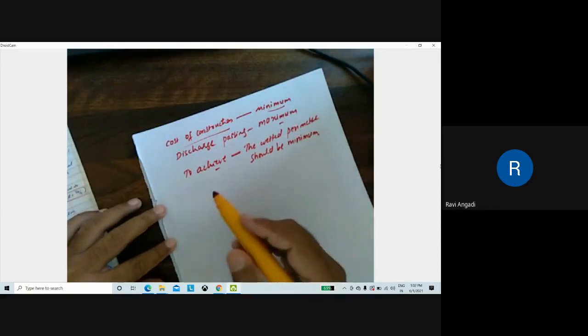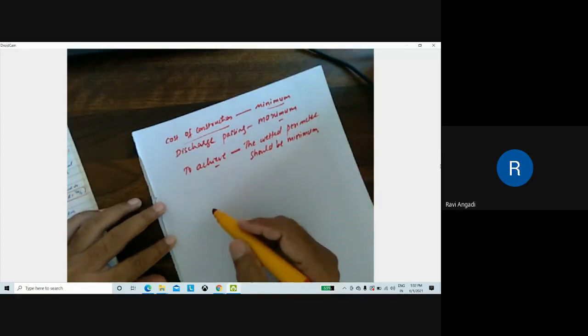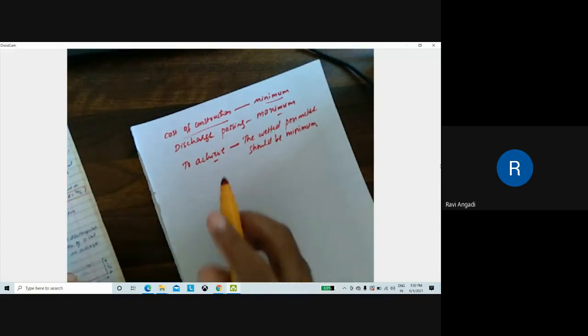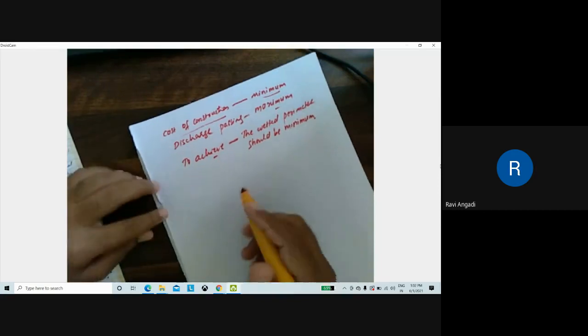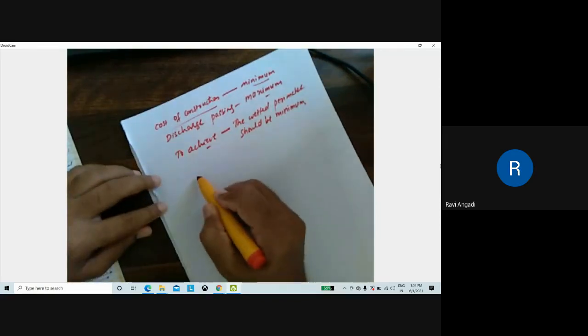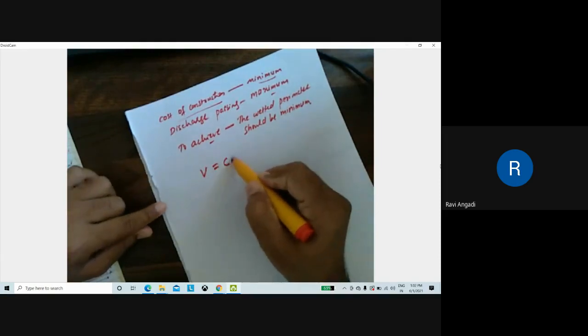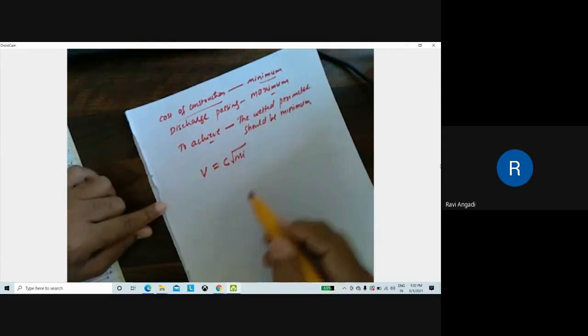Okay. So an open channel that conveys a maximum discharge for a given area, for the given slope, that is bed slope, for the given surface resistance, is called a hydraulically efficient channel. And from Chezy's equation, you all know Chezy's equation is what? V equal to C root of M into I, correct?